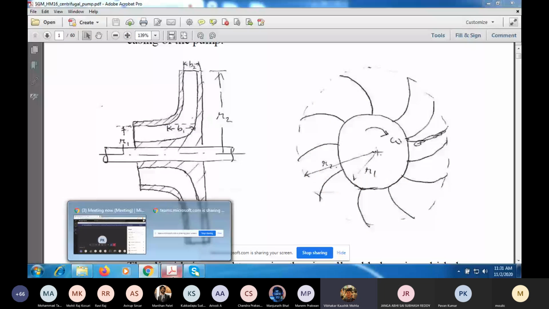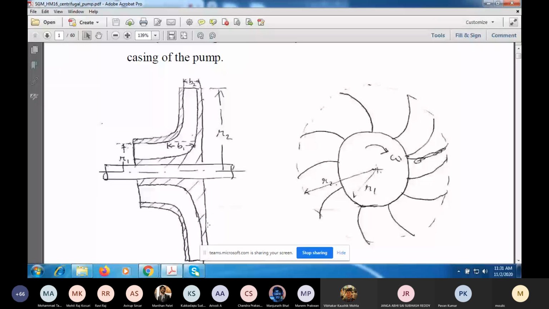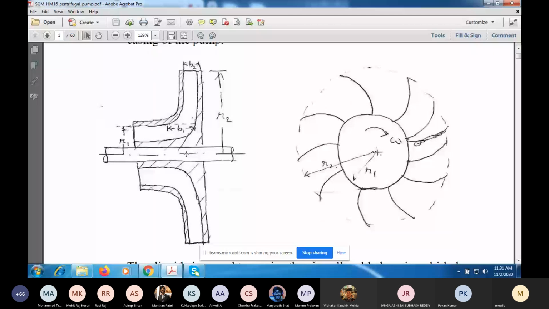So this is a section through what you may call the impeller of the pump. So we have an axis, and mounted on the axis is your rotor, which you call the impeller or runner. Okay. So this is a cut section. So this solid line here is what you may call a front shroud, and this solid line section here is the back shroud. Okay. And this is the passage through which the fluid can flow.